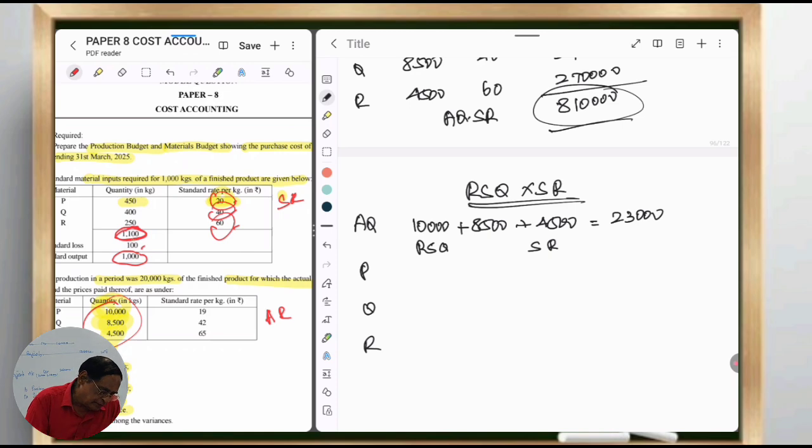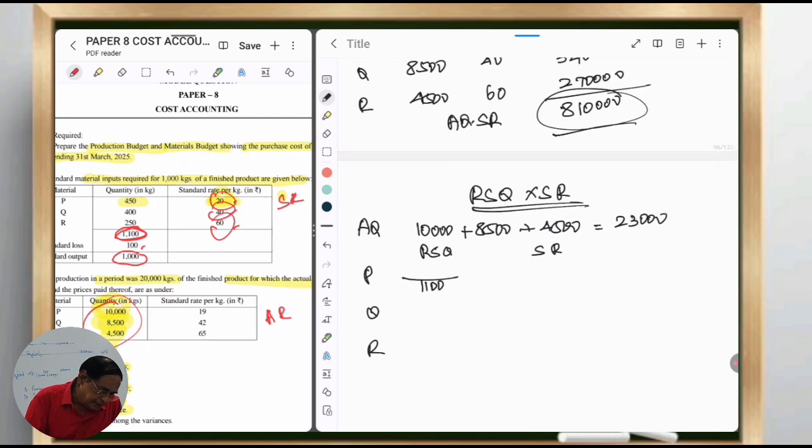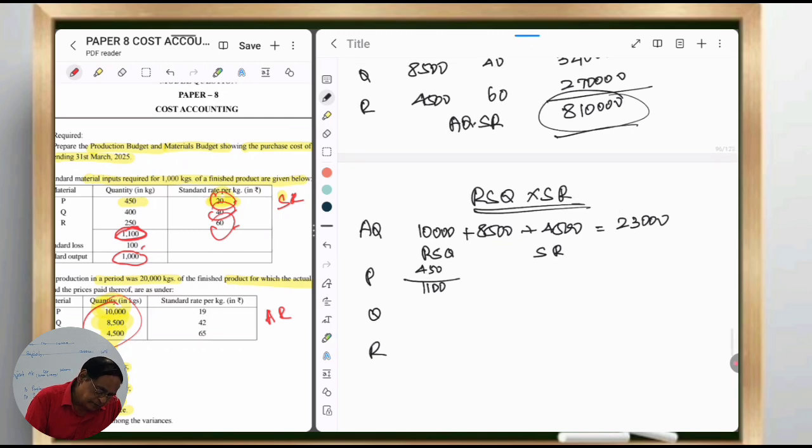For 1100, the standard quantity of material P is 450, and the actual quantity of all materials is 23,000. So this is the revised standard quantity.